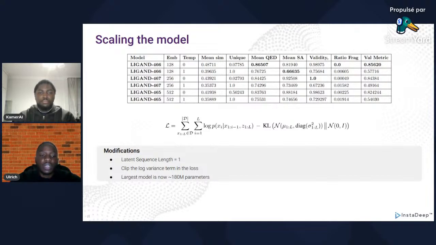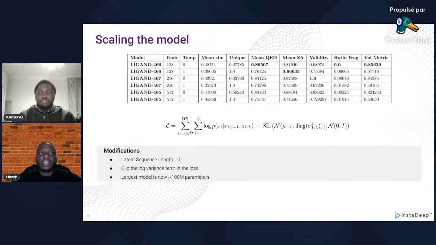So what we've done is clip the variance term, and since we started clipping it, we've been able to train much larger models using a latent sequence length of 1. That's why our current model is 180 million parameters.